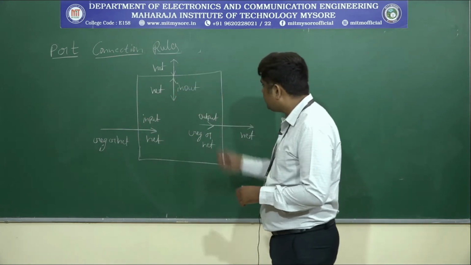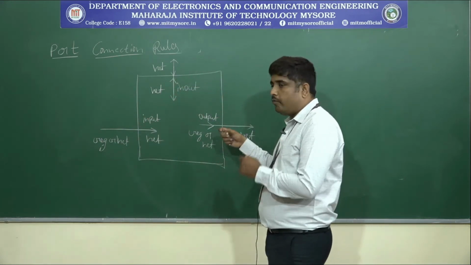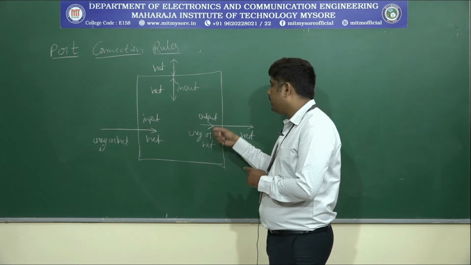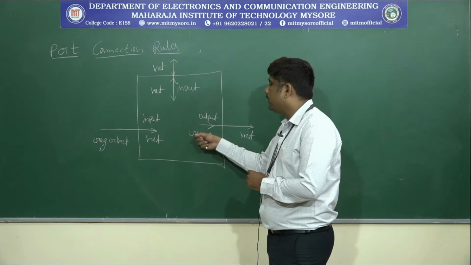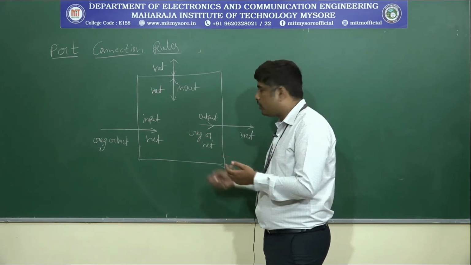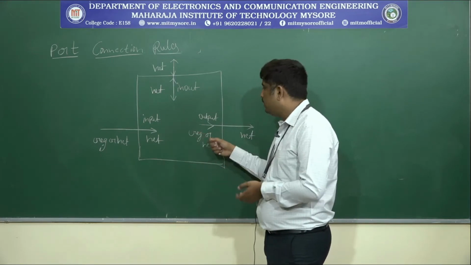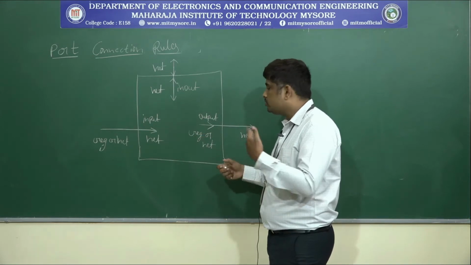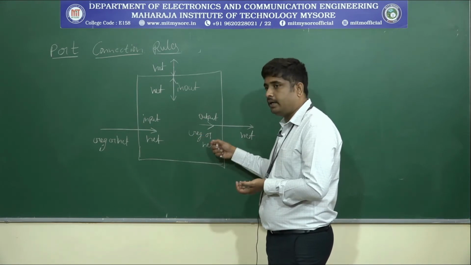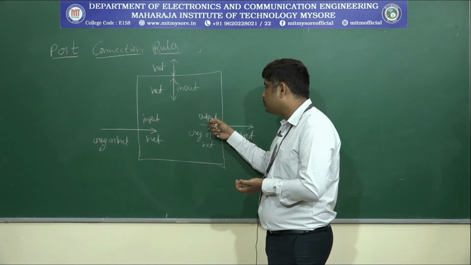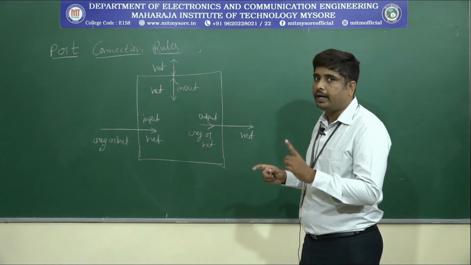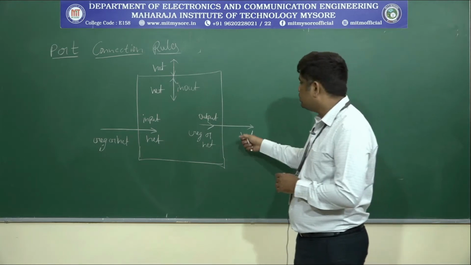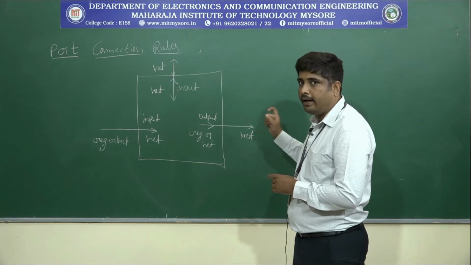Then let us take the second one, that is output. For the output, internally it should be a register or a net. It may be a register for a sequential circuit, and for a combinational circuit it is not required, we simply represent a net. So internally the output is either a register or a net, but externally it should be connected to a net only, not to a register.